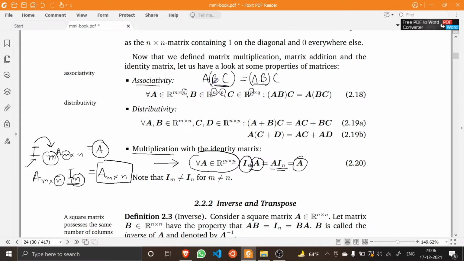Now, is it possible to compute a multiplication A into BC? Let's see. B is N by P and C is P by Q, right? And when you multiply B into C, the dimension of the result will be N into Q. And since A is an M by N matrix, it has N columns, and similarly the B into C product will have N rows.